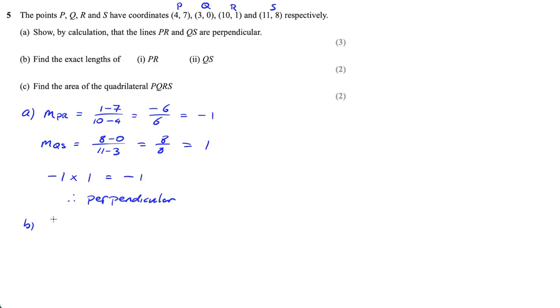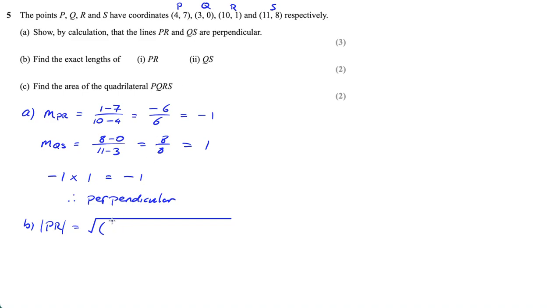Okay, B. Find the exact lengths of PR and QS. So PR is, exact length is x2 minus x1 squared.